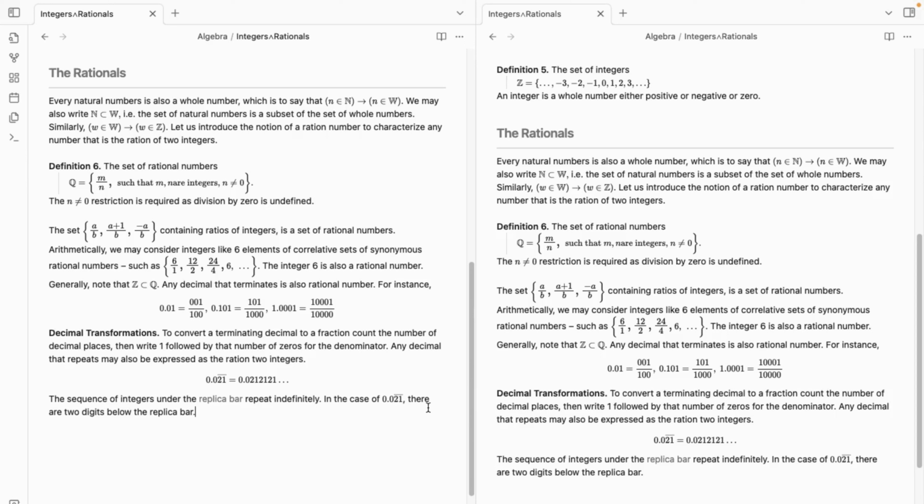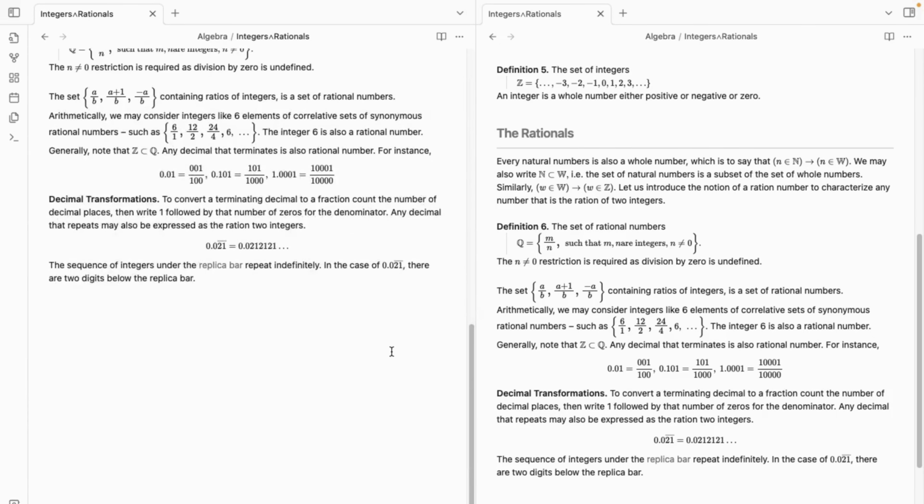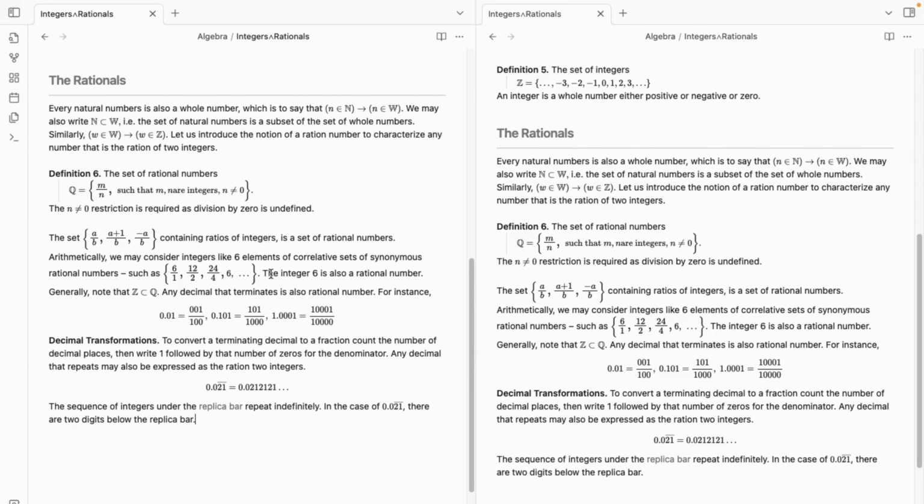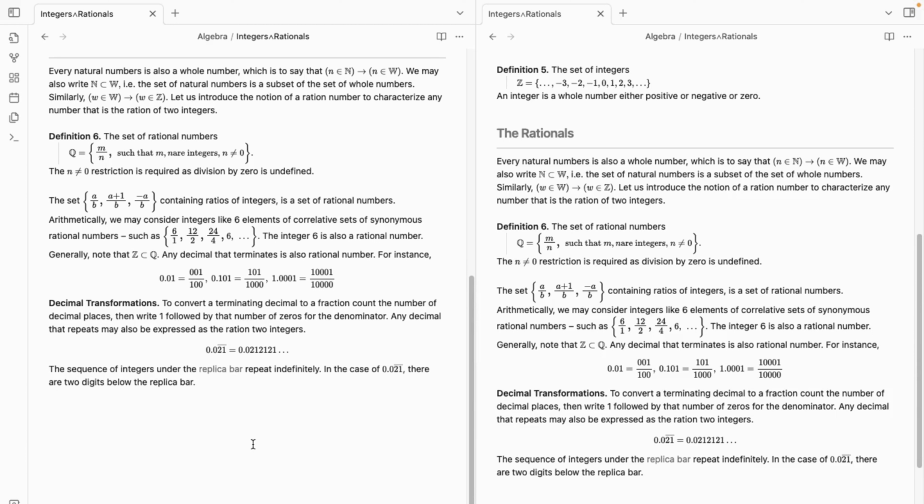Okay, so let's just work this out. Let's see if we can transform this repeating decimal that we have here to a rational number.